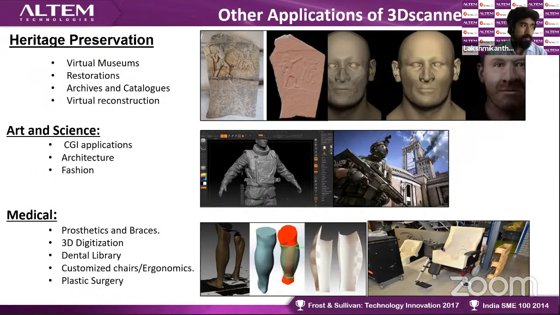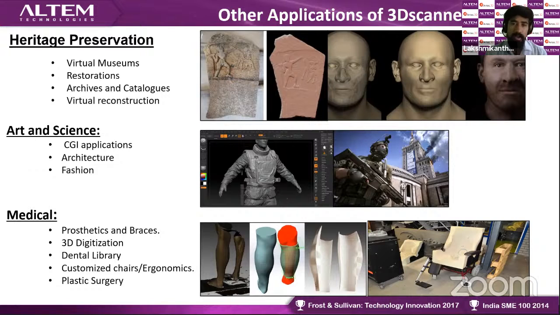So in order to preserve that, you can scan the skull, and you can directly 3D print it. And on the 3D print or in the scan data itself, we can create a virtual face of the person, and based on the DNA details, how the person used to look and all other applications, we can bring back the person as he used to look so many years ago.